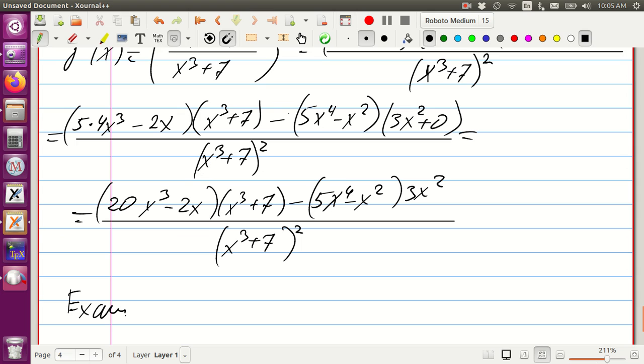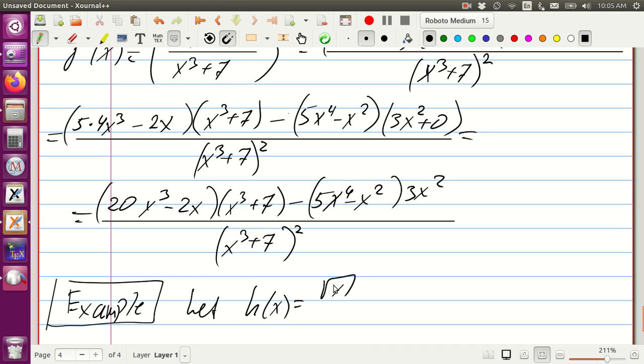In this example, we're gonna need to use the quotient rule again. Example. So let h of x be equal to square root of x over x squared minus 3x plus 2.